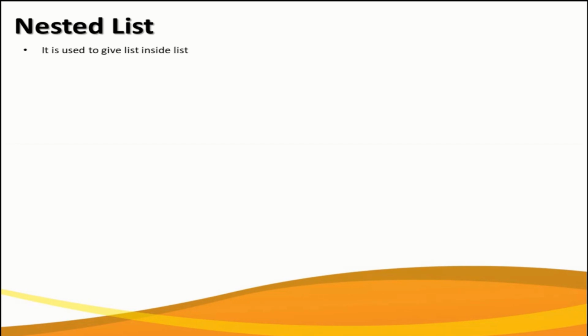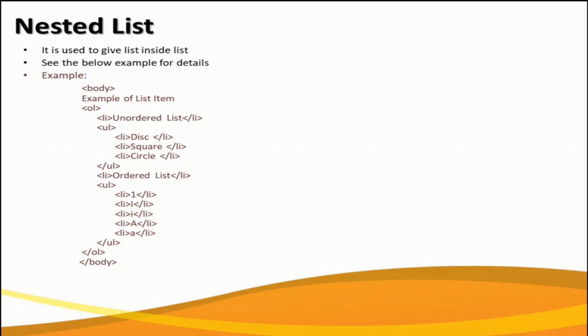Look at the example where we declared the body element, and inside the body element the text "example of list items" will show in the web page. After that, we declare the opening ordered list by the OL tag. Under that, our list item, that is li, is declared.